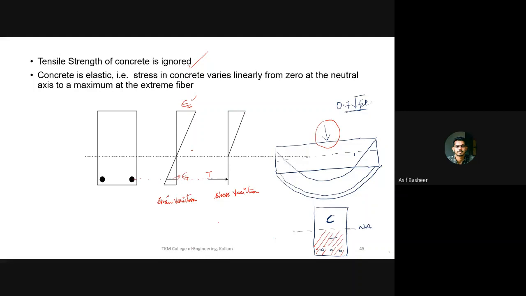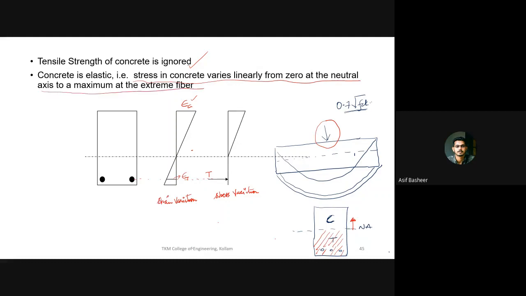The compression which is coming above the neutral axis will be taken care of by the concrete. And at the beginning, they told us the concrete is elastic. That is, the stress in concrete varies linearly from 0 at the neutral axis to a maximum at the extreme fiber.